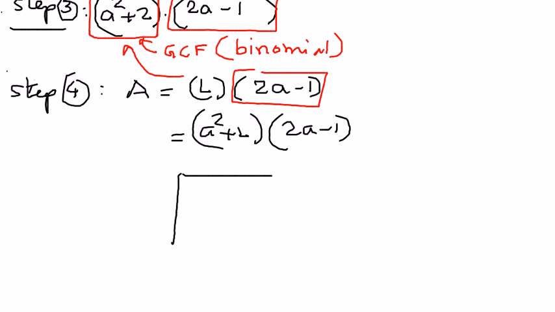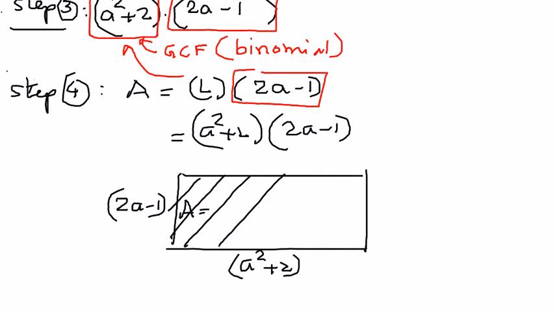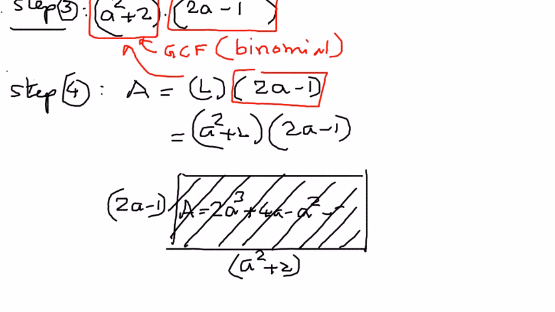So to come back in here and write it out in this manner, if the short side is 2a minus 1, the long side is a squared plus 2, and therefore the area of this rectangle, the region inside this rectangle here, is 2a cubed plus 4a minus a squared minus 2.